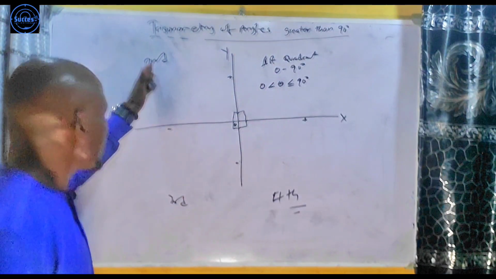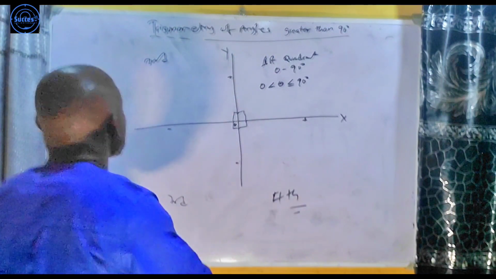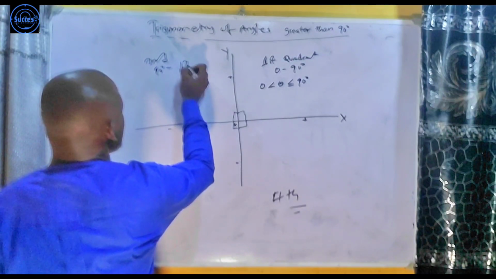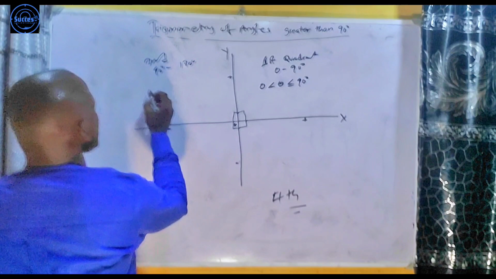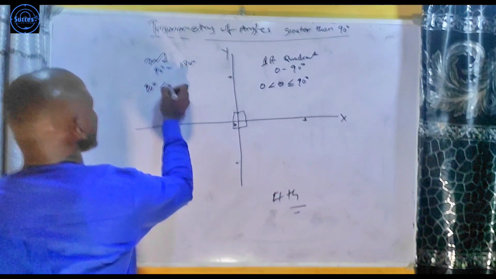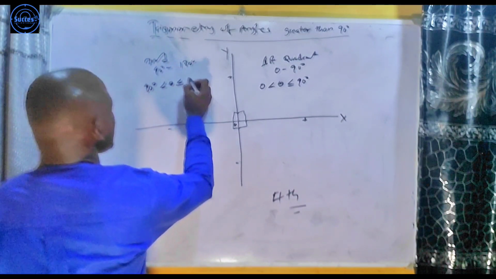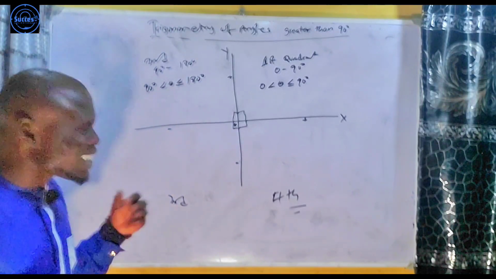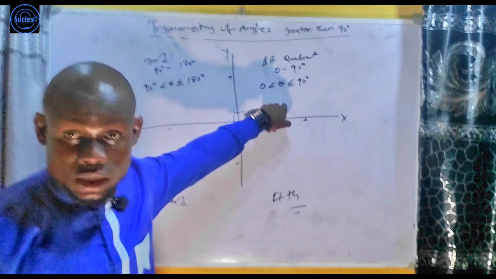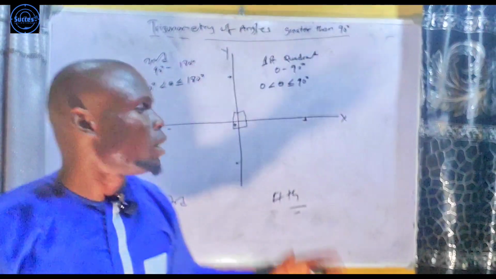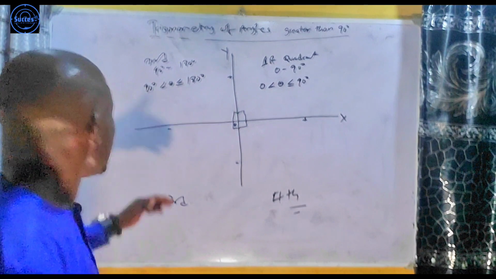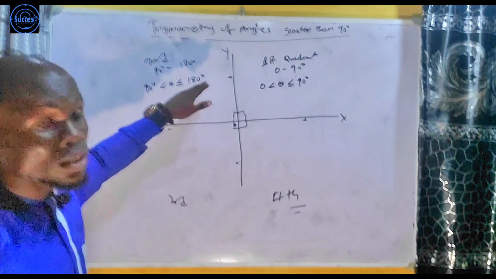In the second quadrant, we are dealing with angles between 90 degree and 180 degree, that is 90 degree less than theta less than or equal to 180 degree. That is angle greater than 90 degree, but nothing above 180 degree.